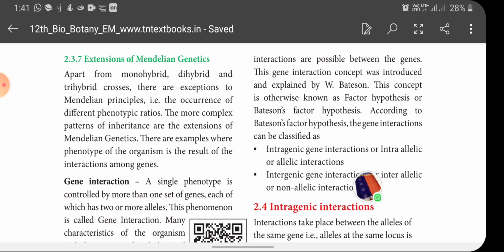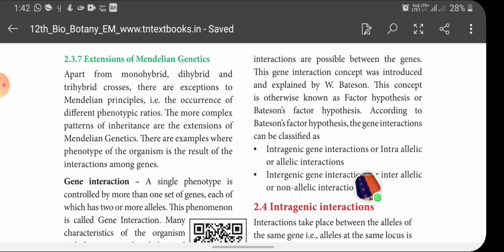What is meant by extensions of Mendelian genetics? It is nothing but the things discovered after Mendel's period, based on Mendel's discoveries, which are called extensions of Mendelian genetics.